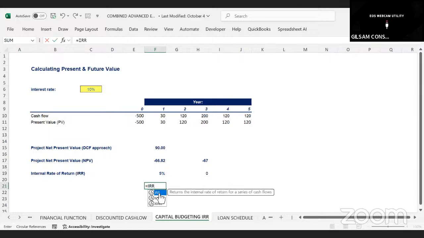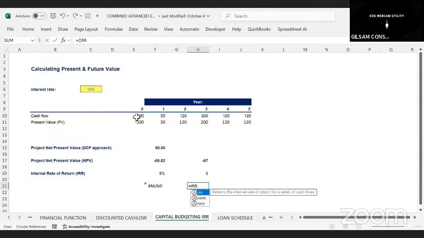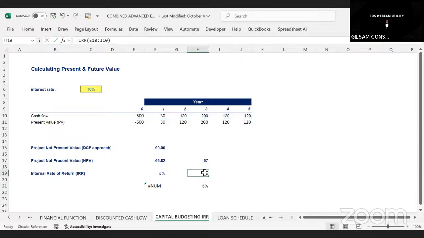IRR, the values. These are the values. This is the same formula here. Unless maybe you try na Excel yako, because it is the same formula. You put equals IRR. These are the values. And then close the bracket. Maybe this one is contaminated hapa, but should give you 5%.